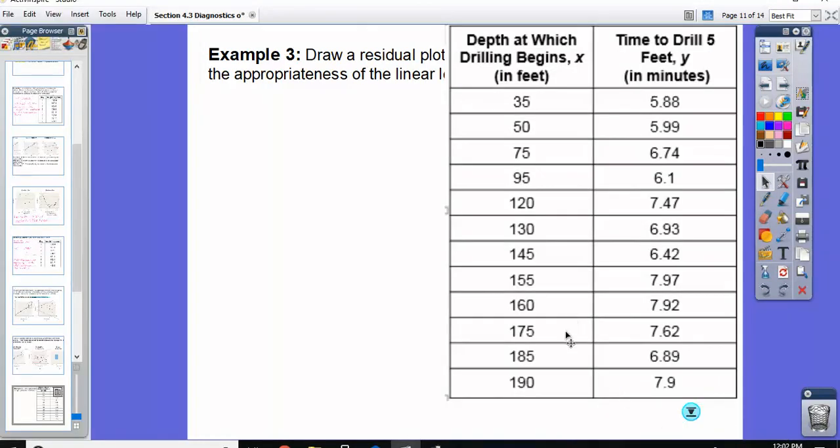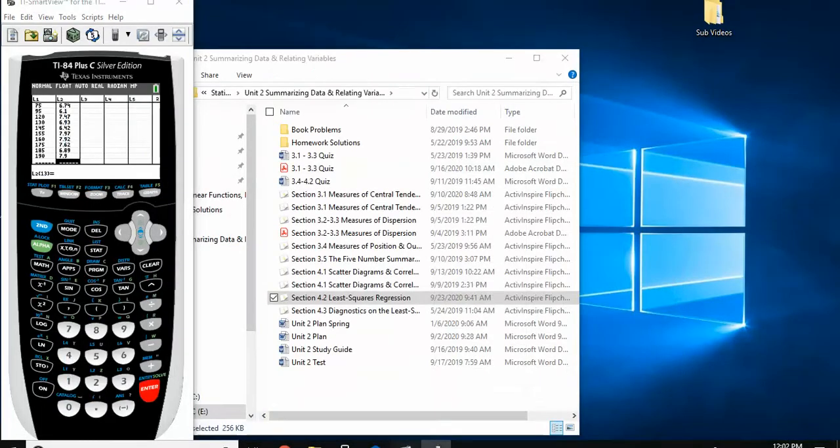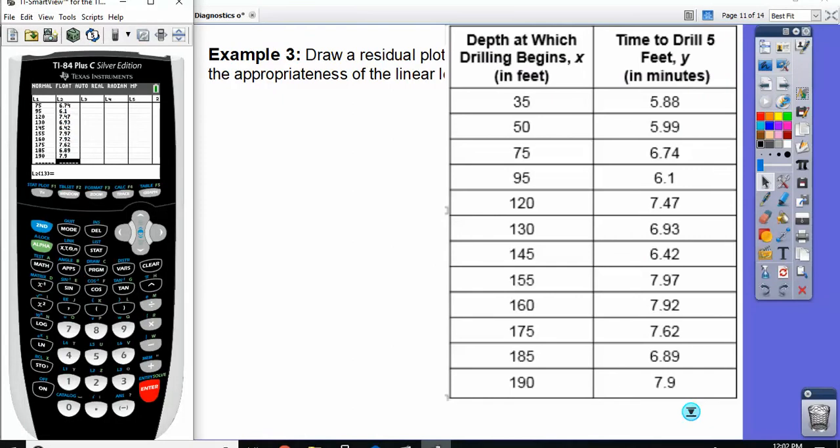If you try to just do the residual plot right now, you will get an error message. We have to first run the regression before it will work.